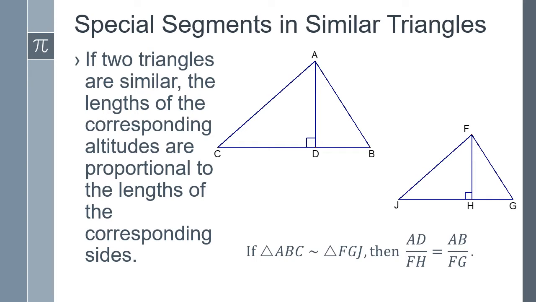The segment AD, which is the altitude of triangle ABC, to segment FH, if triangle ABC is similar to triangle FGJ, then the lengths of the altitudes AD to FH is the same as AB to FG, or BC to GJ, or FJ to AC. All those corresponding sides are proportional.